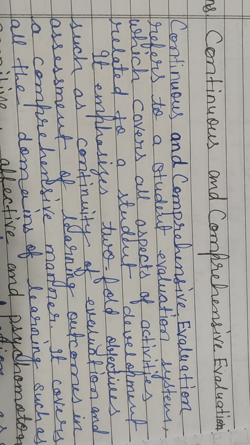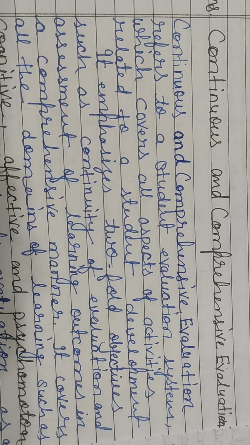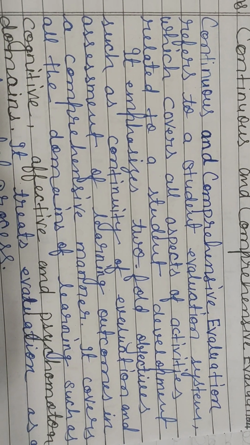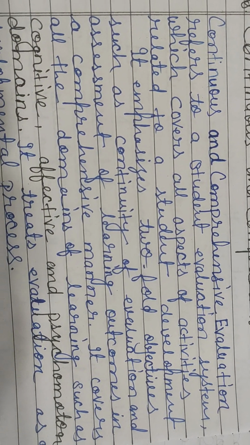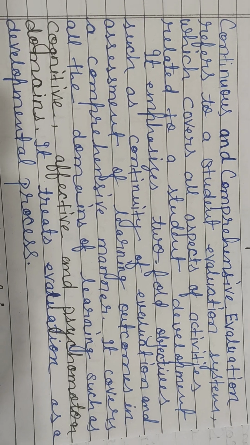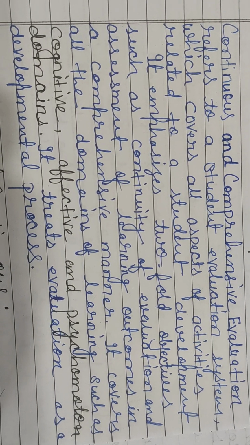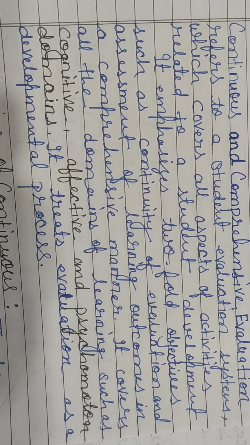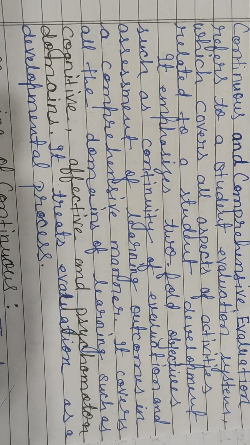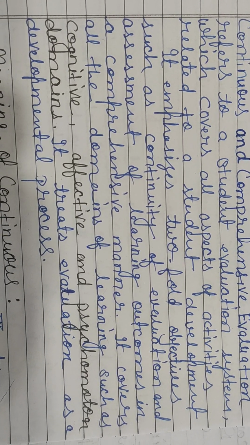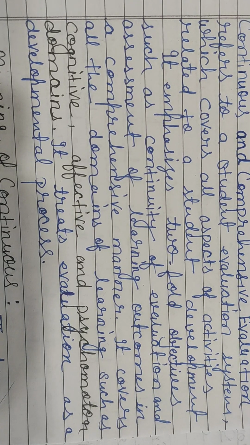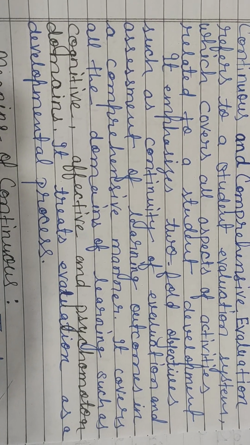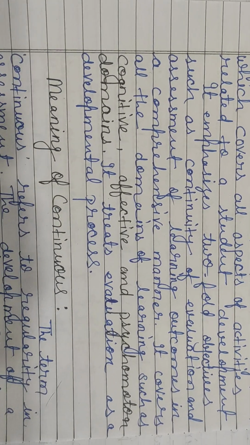It emphasizes twofold objectives such as continuity of evaluation and assessment of learning outcomes in a comprehensive manner. It covers all the domains of learning such as cognitive, affective and psychomotor domain. It treats evaluation as a development process.